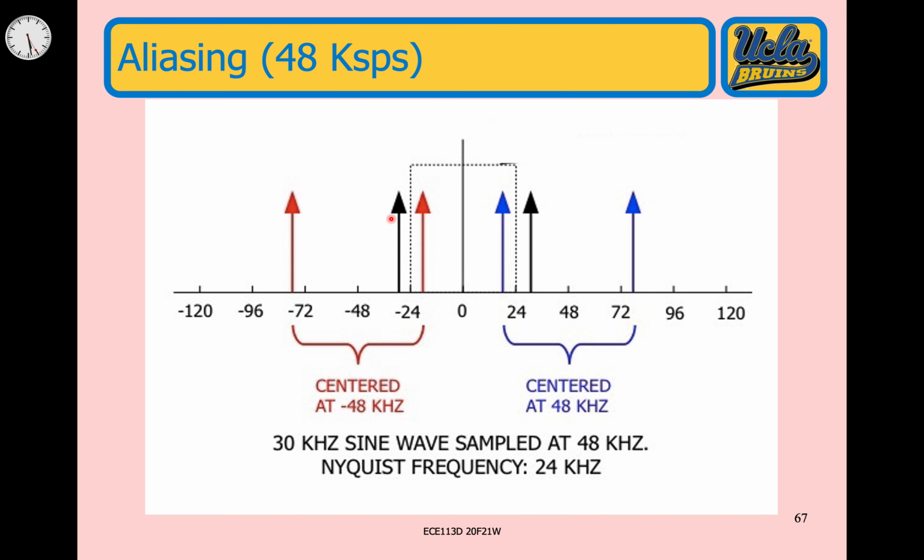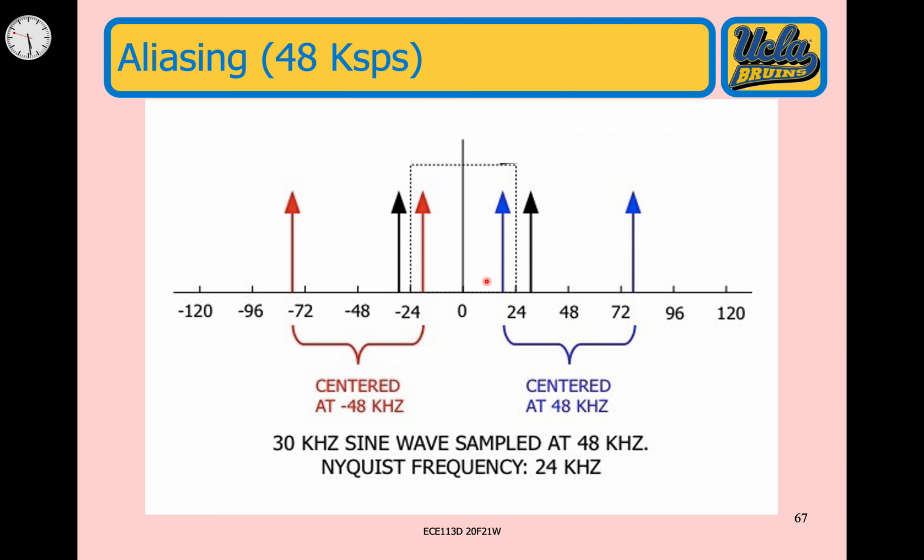And note that the original spectrum centered at 0 is outside the range of the anti-aliasing filter. So what you're seeing again here is the negative component of the spectrum centered at 48, and this one is the positive component of the spectrum that is centered at minus 48. And that's what you're seeing.